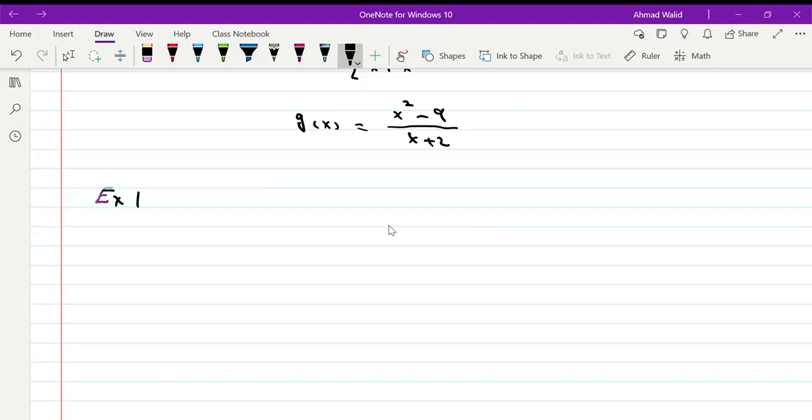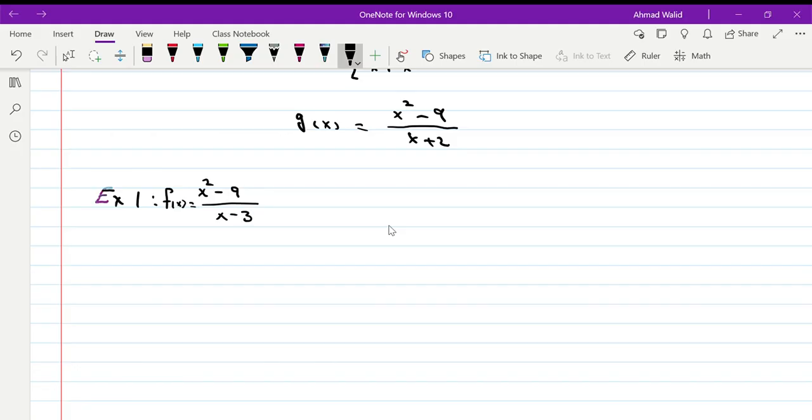Example number 1. Let's say f of x equals x squared minus 9 over x minus 3.